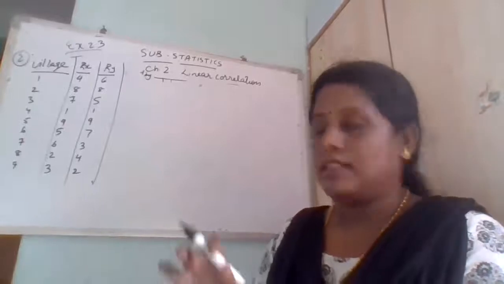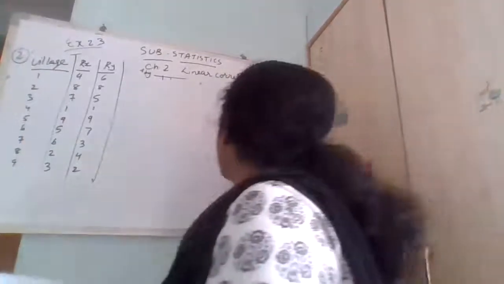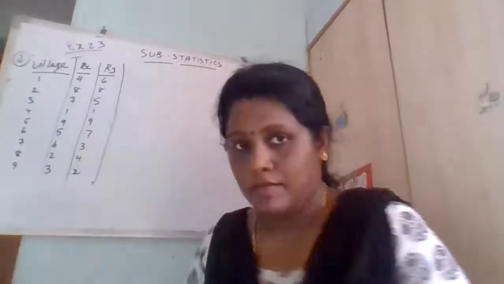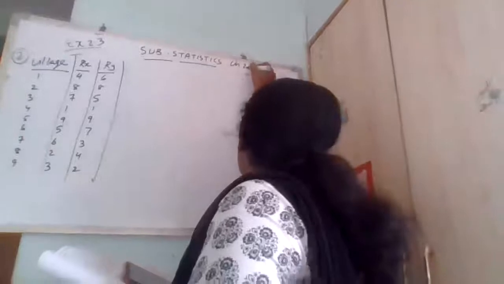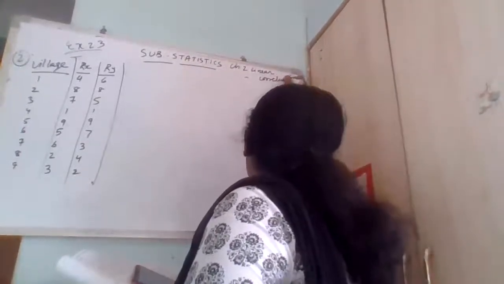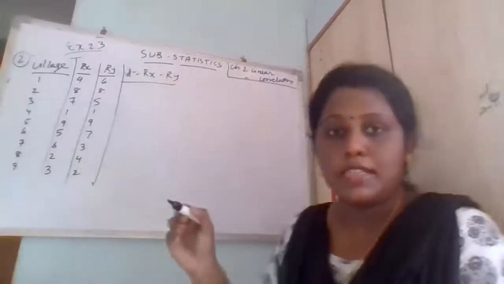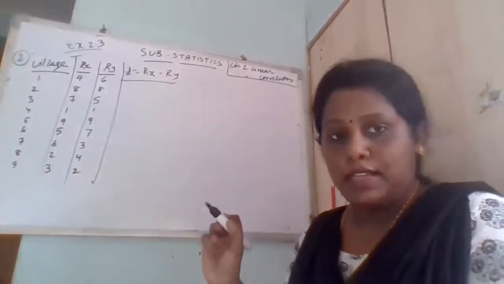Now our next column is D, that is Rx minus R1.